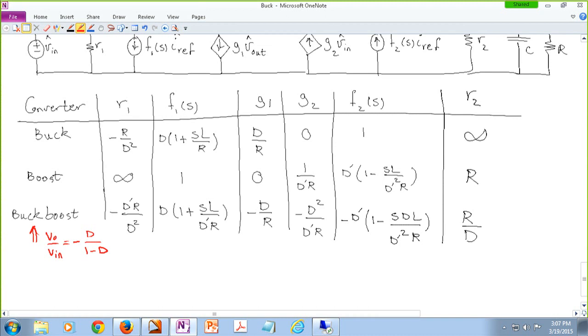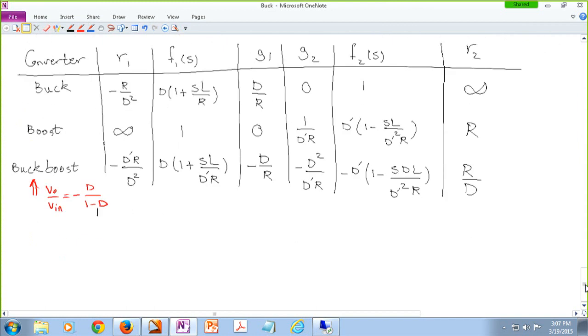All right. So let me write it over here, more accurate model. Remember, in our simplified model, we assumed that the inductor current and the reference are exactly the same.